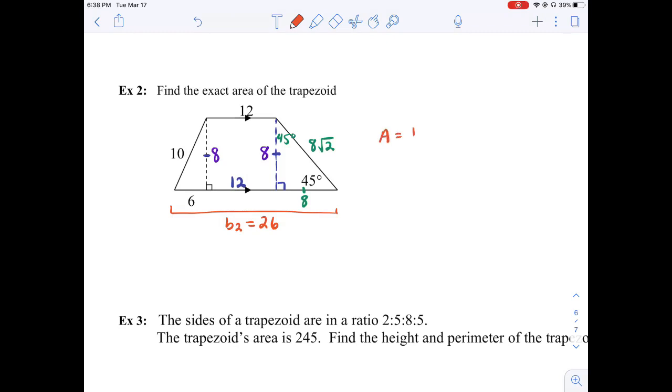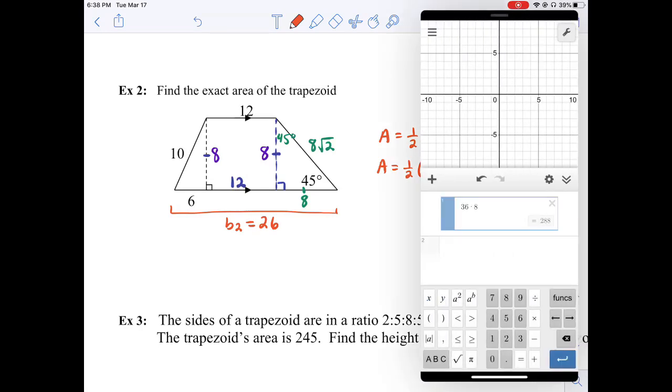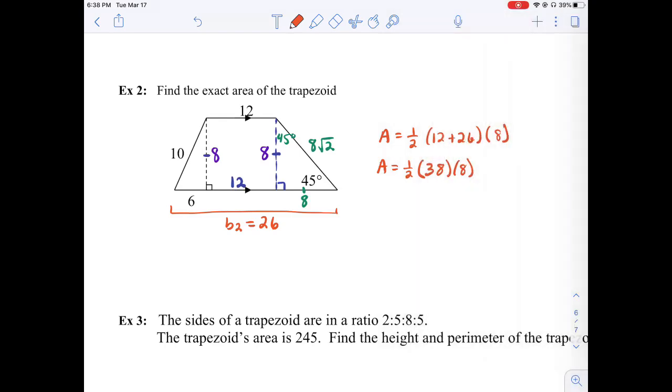So that makes our area 1/2 of 12 plus 26 times our height of 8. So now this gives us 38 times 8. All right, and this time I'm going to multiply 38 times 8, giving me 304.